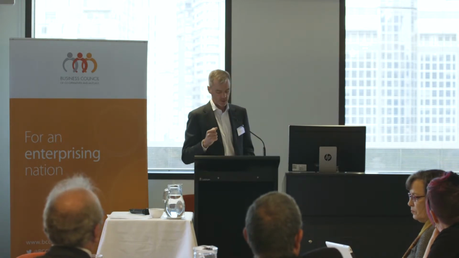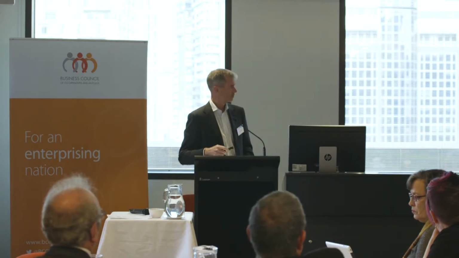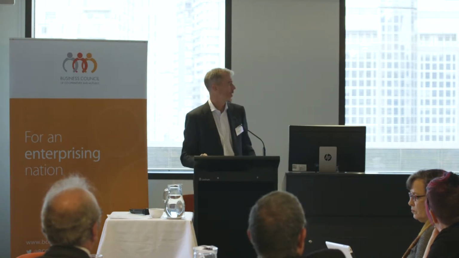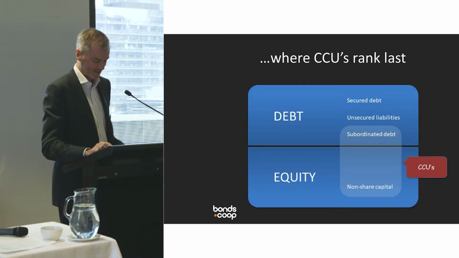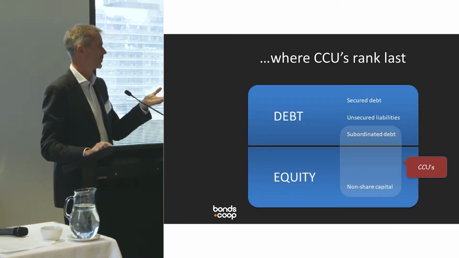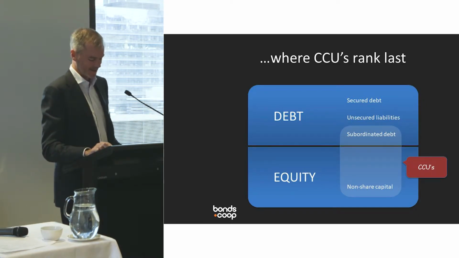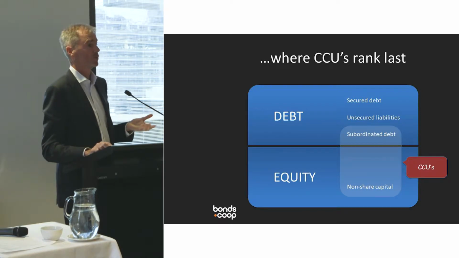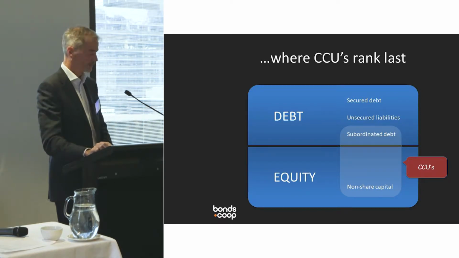It's your membership that gives you the right to vote, and every member has one vote. So CCU holders have no right to vote at meetings of ordinary shareholders. And they can be issued to non-member investors.